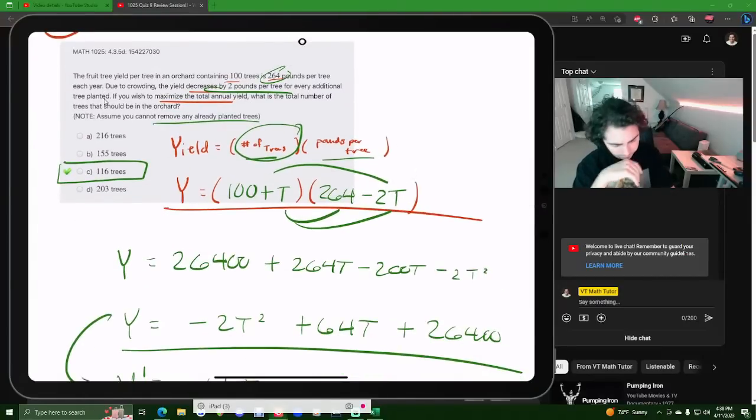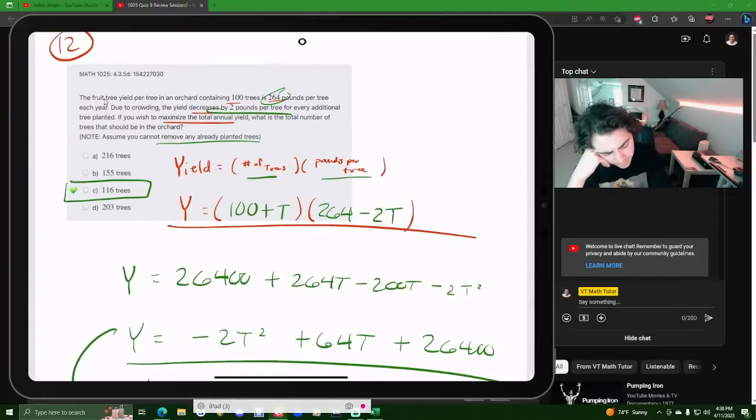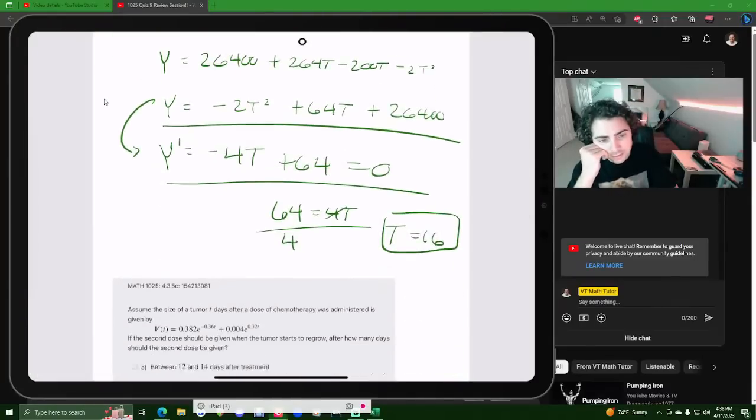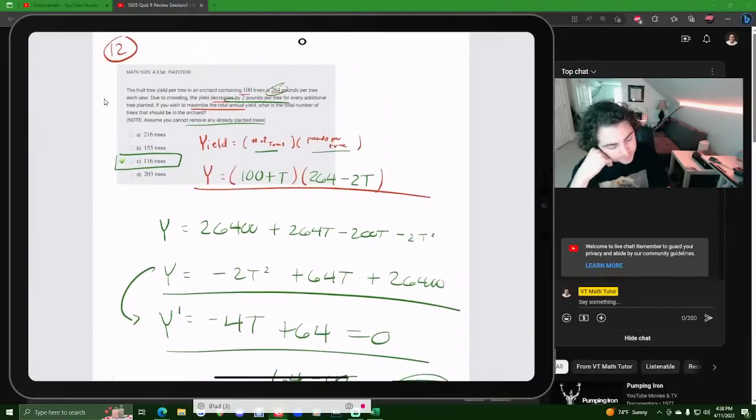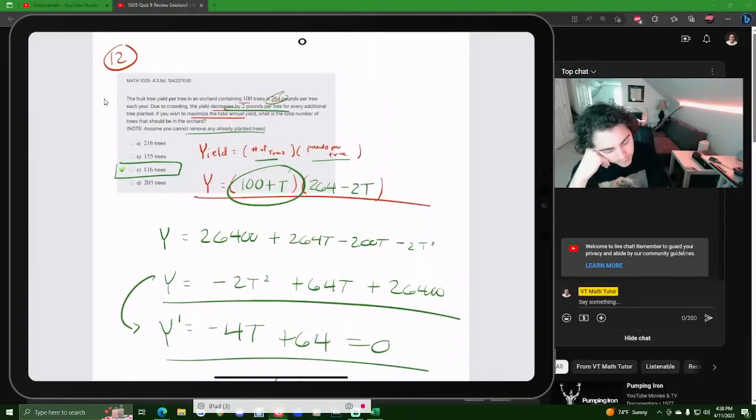Something to mention is that sometimes they ask for pounds per tree. You will know if they're asking for pounds per tree if in the answer choices, instead of trees, it says pounds per tree. The whole process would still be the same, but once we found t equals 16, instead of plugging it in here, you would plug it in here into the pounds per tree.